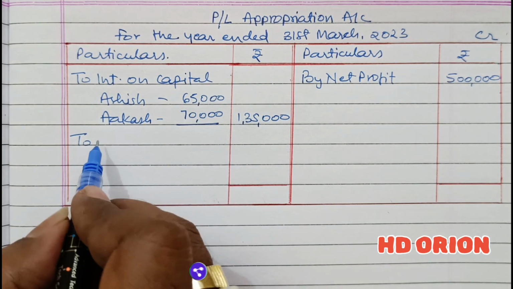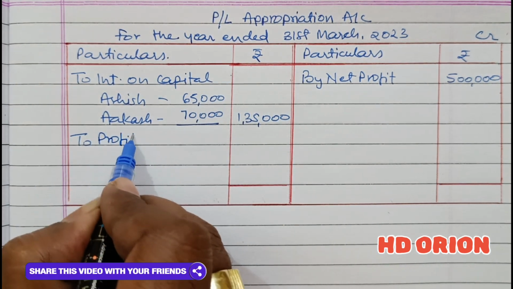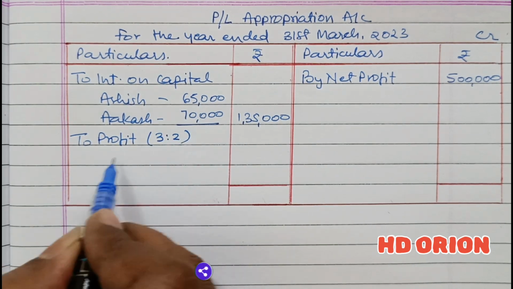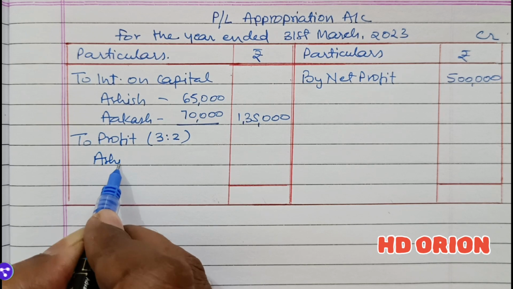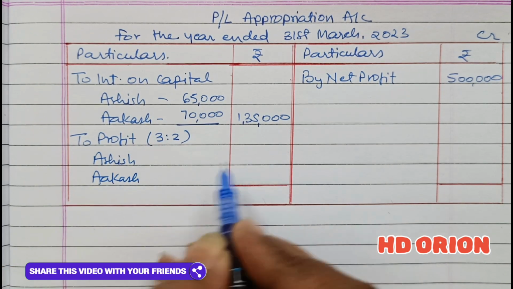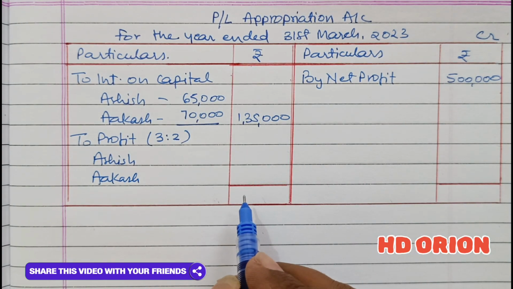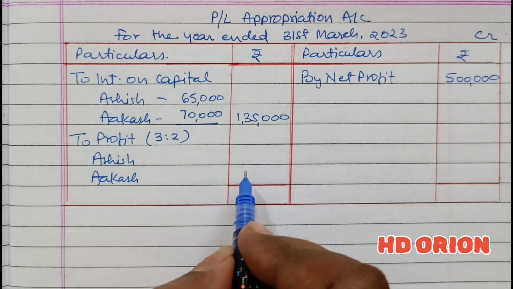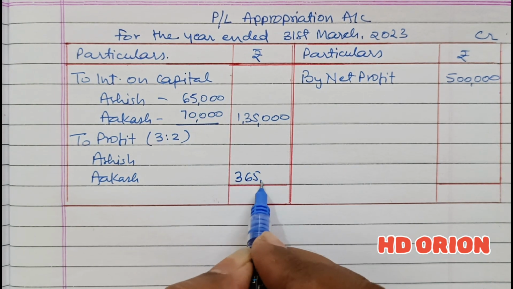Fine. And then the remaining profit, which is also known as distributable profit or divisible profit, it will be given to the partners in their profit sharing ratio, that is 3:2. So the balancing amount is how much? The balancing amount is rupees 3,65,000.